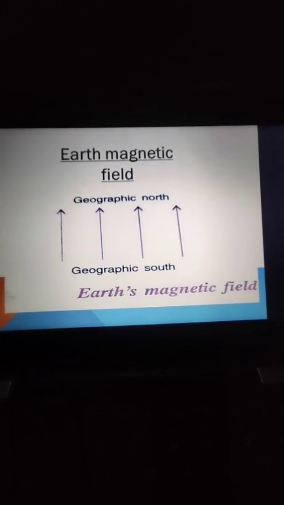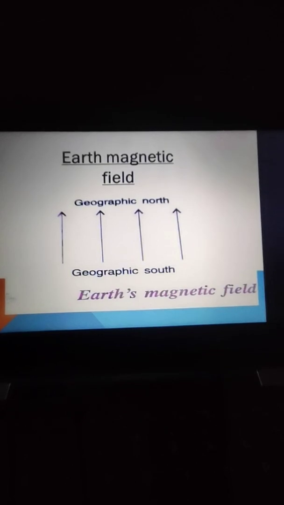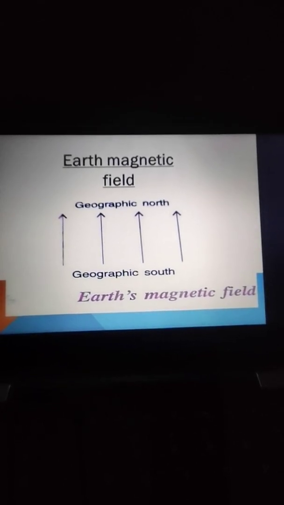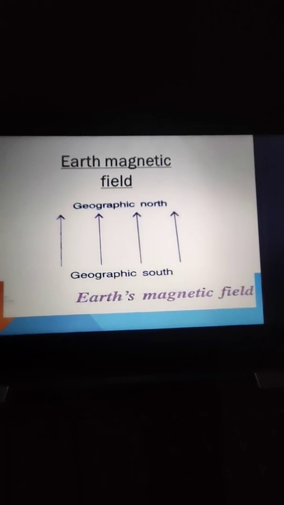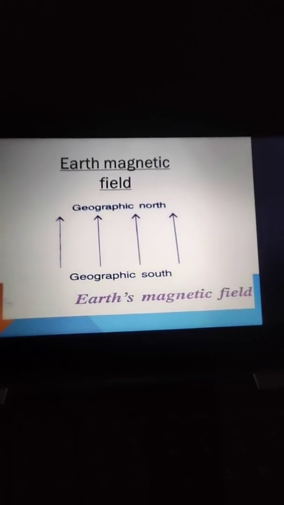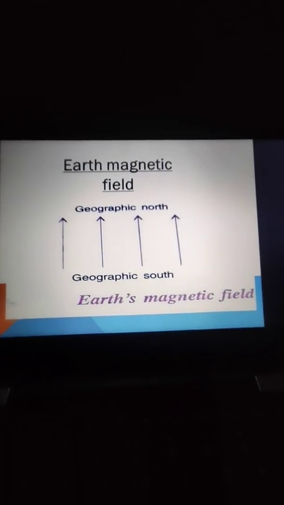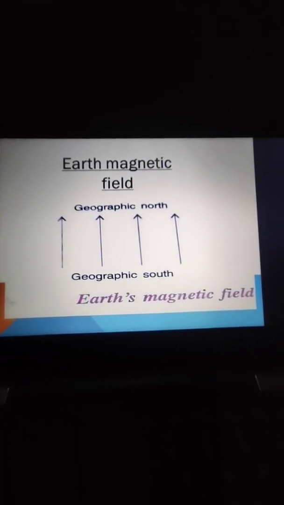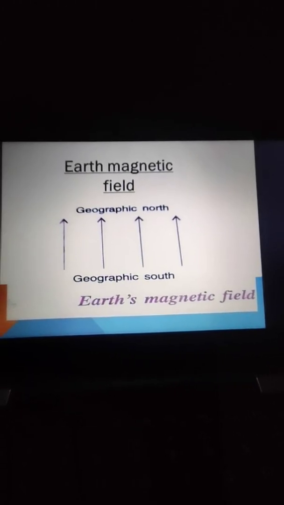And you have to remember two things. First, the magnetic field of Earth is uniform, that is, it is the same everywhere. And second, the direction of the magnetic field of Earth is from geographic south to north. In the previous lecture we have done that the direction of the magnetic field of a magnet is from north pole to the south pole.